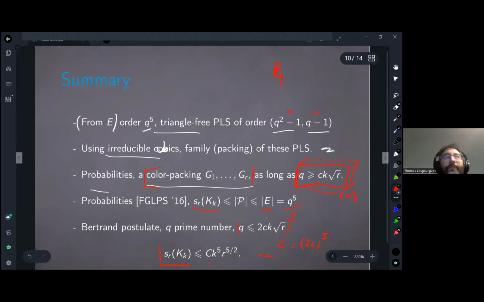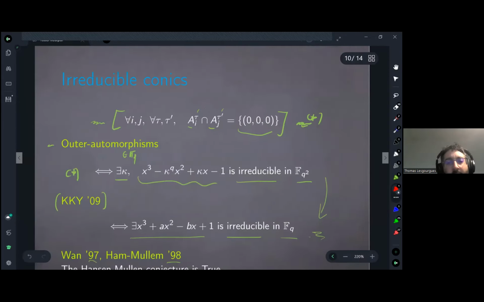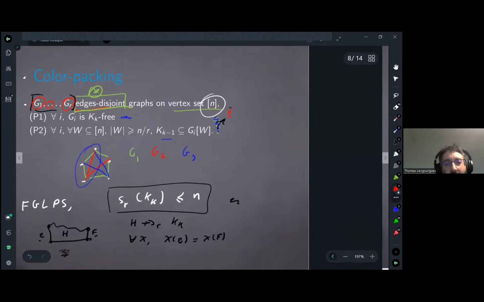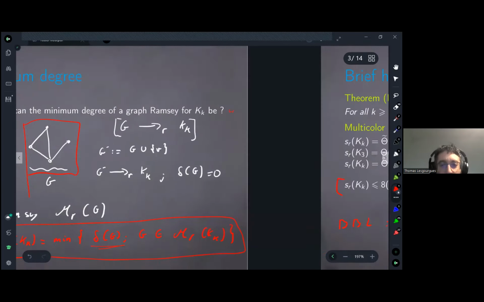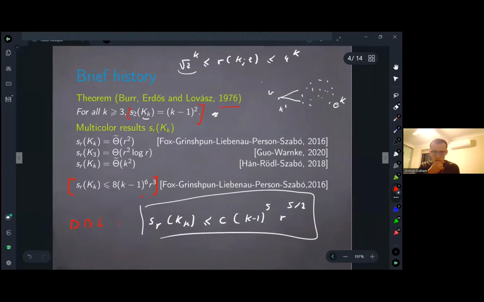In the end, it's going to be something like 25,000. So if we compare to the first initial result by VGLPS, we are improving on the coefficient here on the exponent, but we lost a bit on the constant. So that C in the end is 25,000, something 25, not K, excuse me.